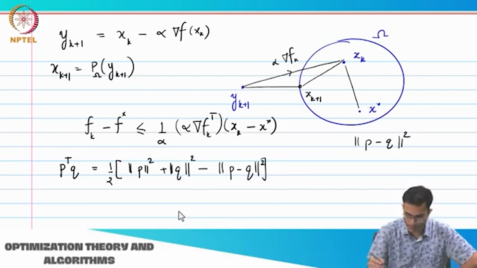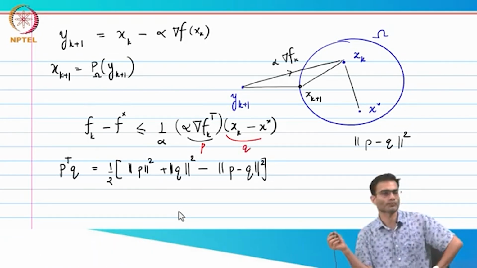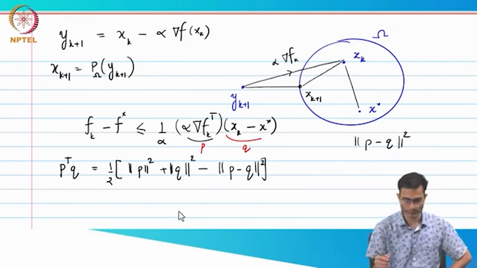I'm going to take this as P and this as Q, and apply this over here so that these terms separate out.